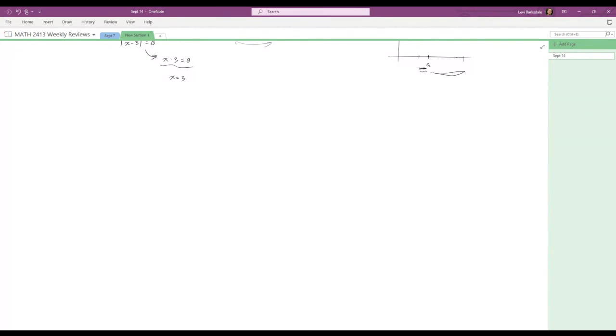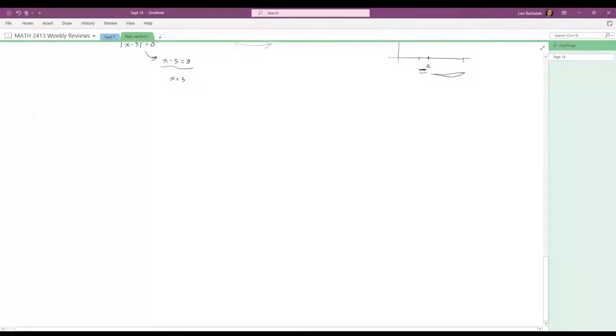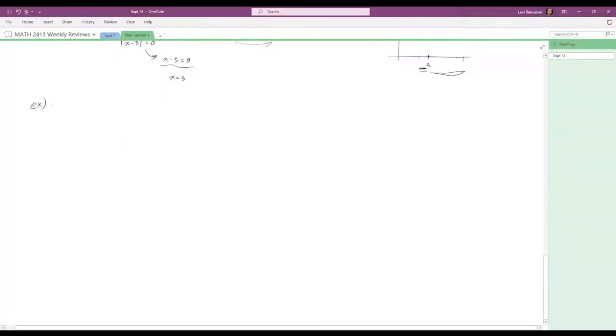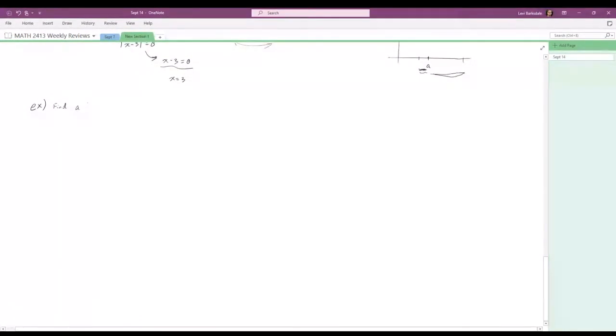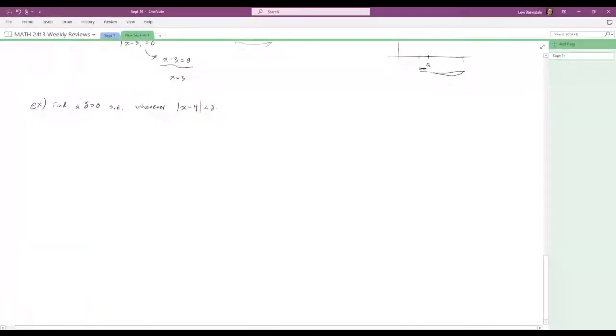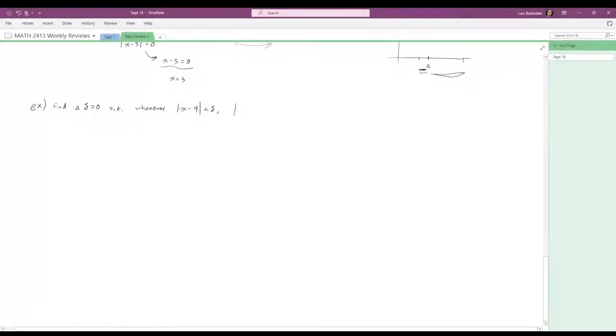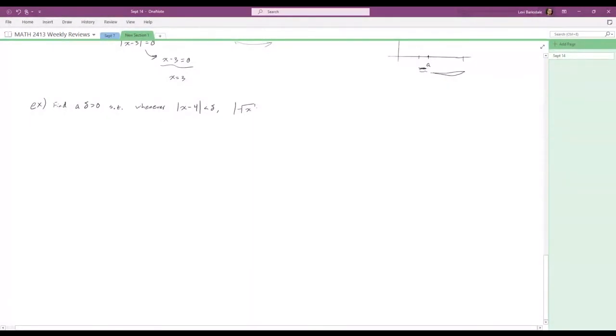Find a delta greater than 0 such that whenever the absolute value of x minus 4 is smaller than delta, then the square root of x minus 2 is smaller than 0.1. So we'll start with a given epsilon and see if we can work our way through from here.